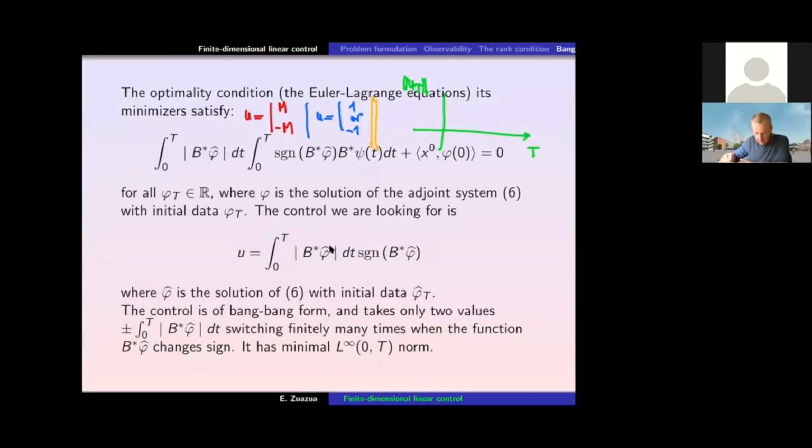So you see, depending on the time window you are given to control a process, you will need to control with more intensity or less intensity. So if the time window is very short, the control will go to infinity. If the time window is very long, the control will go down to 0. That's the principle.